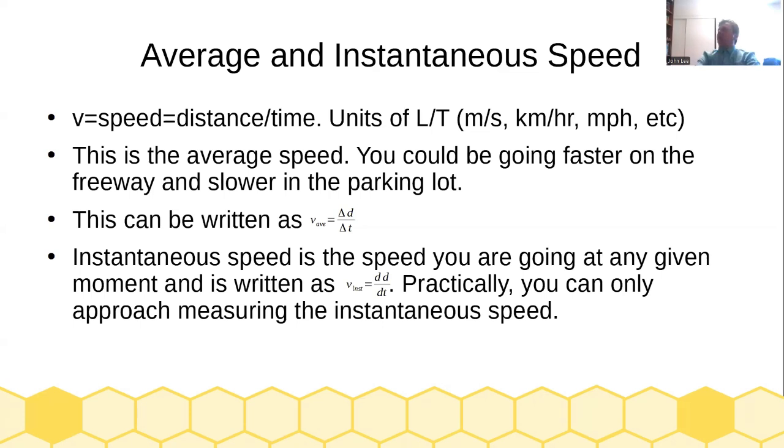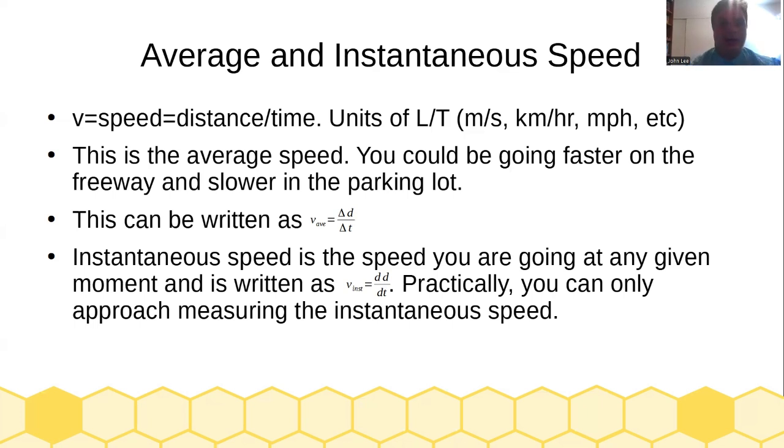For example, it doesn't tell you how fast you're going at any given instant. You could be going 80 miles per hour on the freeway and 5 miles per hour in the parking lot, and the time that it takes you to get from one place to another, the average speed, is going to be how much distance you covered overall divided by how much time you covered overall.